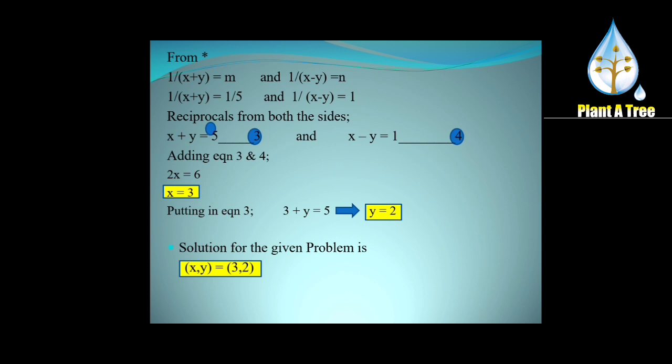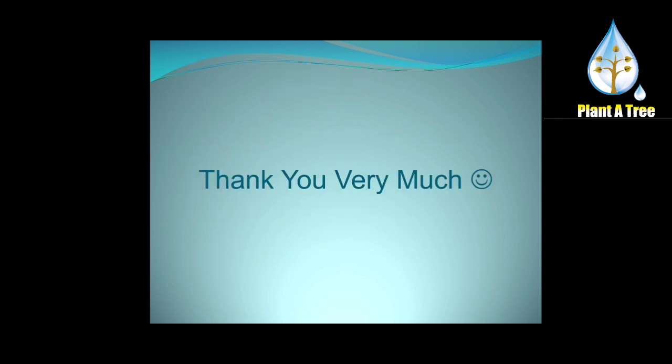Now adding these equations 3 and 4, we get 2x is equal to 6, that is x is equal to 3. Putting in equation 3, 3 plus y equals 5, that is y is equal to 2. So the solution for the given problem is (x, y) equals (3, 2). This is the final answer for the given problem.